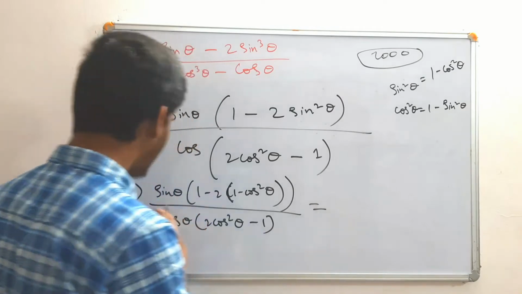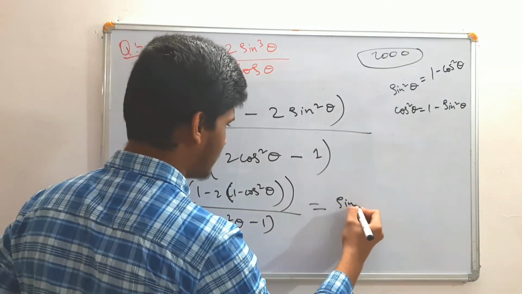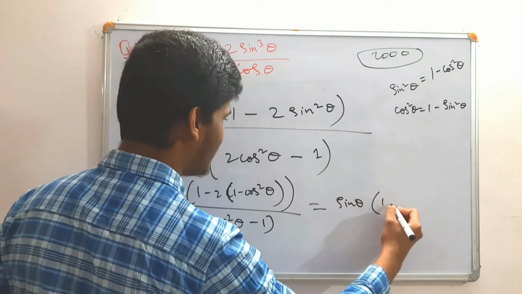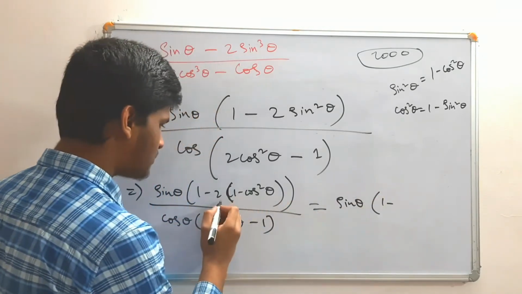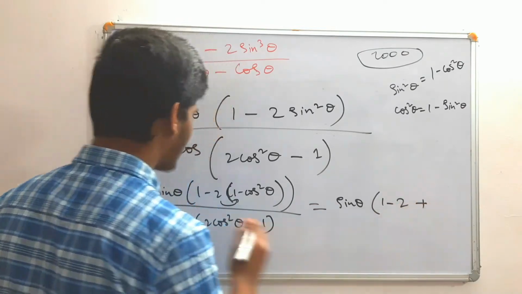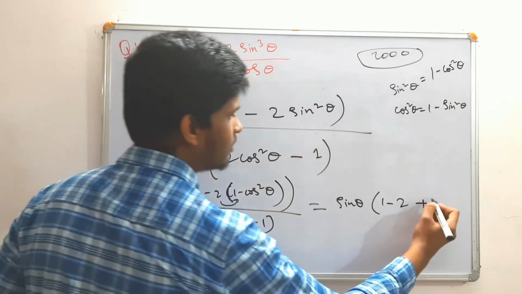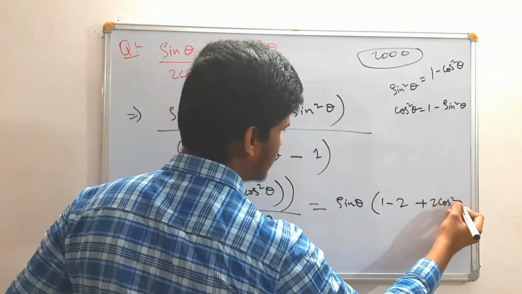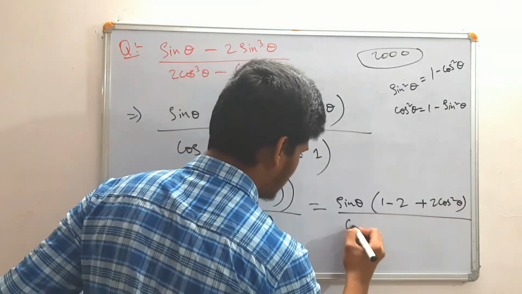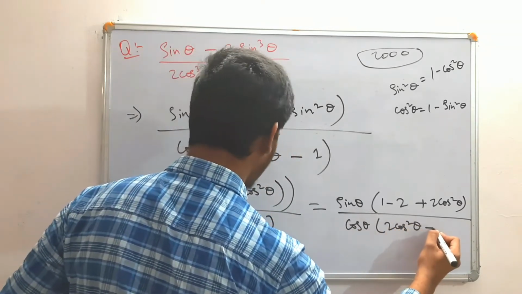So here, let's write sin theta only. Sin theta times (1 minus 2 times 1, minus into minus becomes plus, and 2 cos square theta). What is in the denominator? It's cos theta, same thing, no changes here.